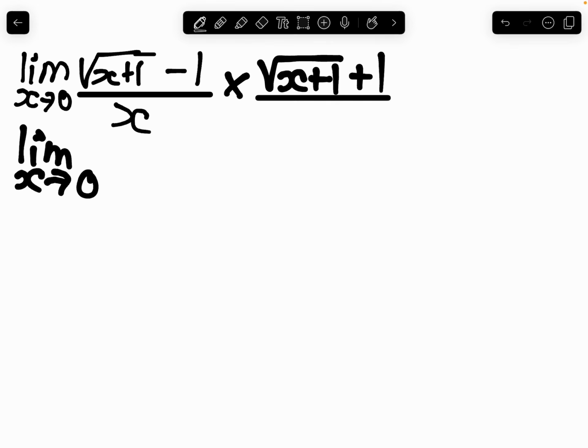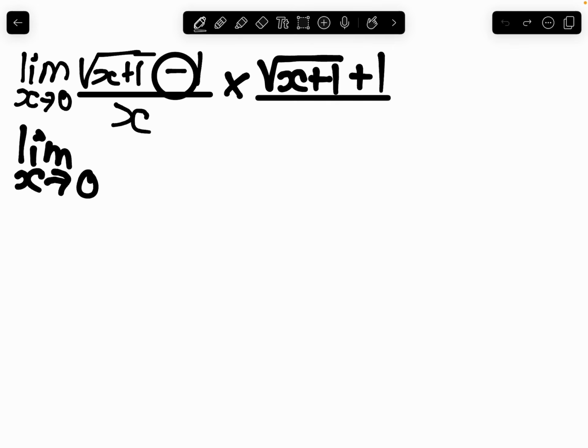For example, this is our fraction, and we have this annoying radical, radical x plus 1 minus 1. We have this annoying expression, and now we want to remove it without squaring. So a conjugate is that this minus switches to plus, or anything that's outside of this radical.